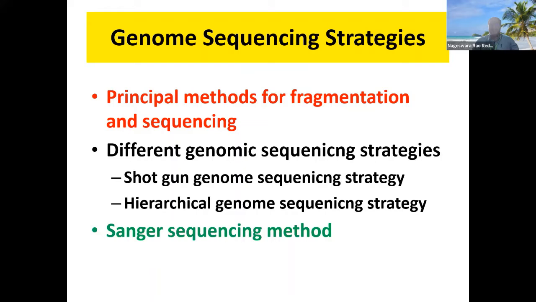The Sanger sequencing method is based on dideoxy chain termination. Whenever a dideoxy nucleotide is added to the chain, it terminates there. The terminated chains are taken into consideration, and the last nucleotide added is read out into a sequence. In this way, we are able to read the sequence of the DNA using Sanger's method. Okay, this is all we have learned in genome sequencing strategies.